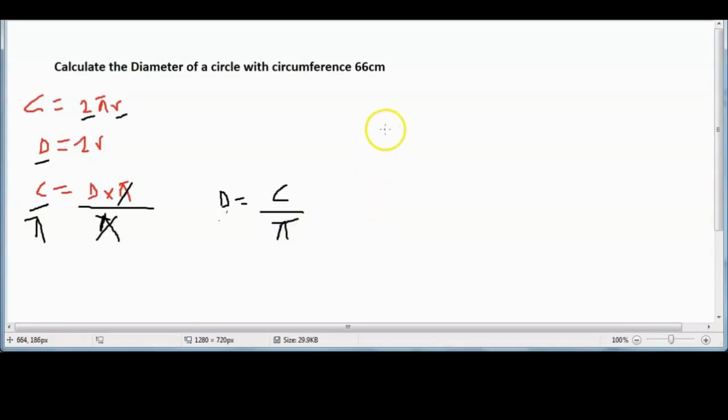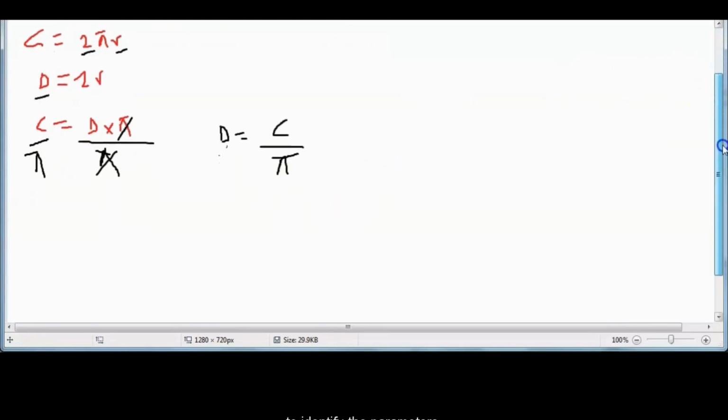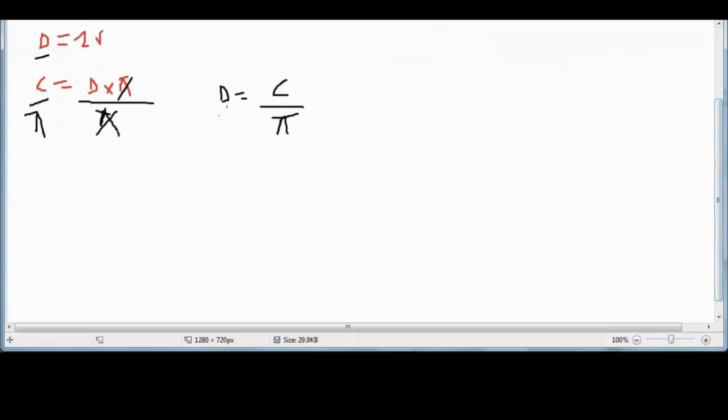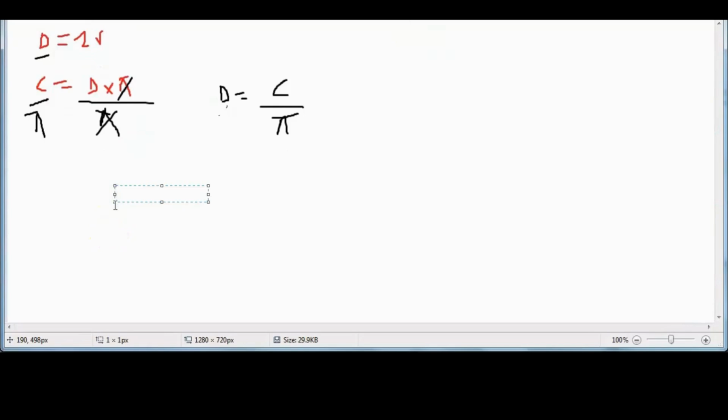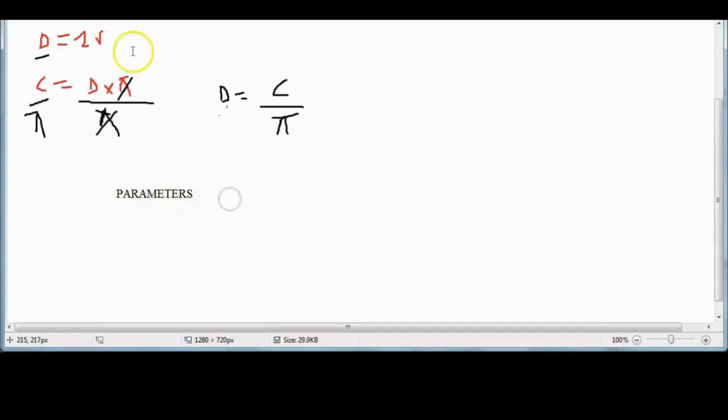So if we are going to identify the parameters now, C is equals to 66 centimeters. And pi is a constant.